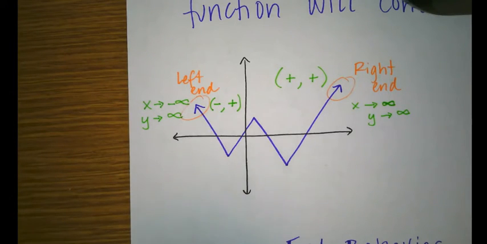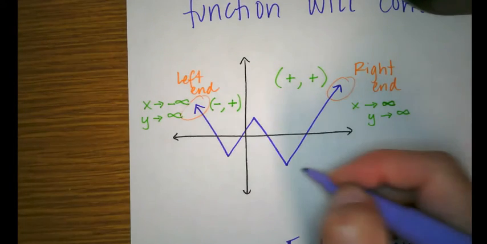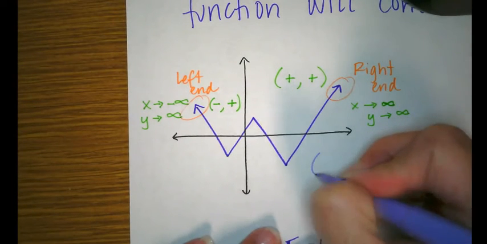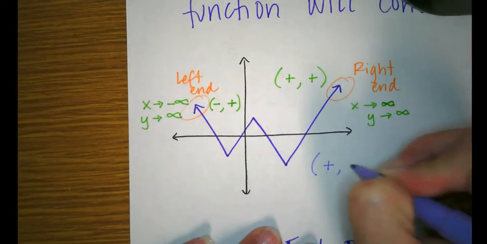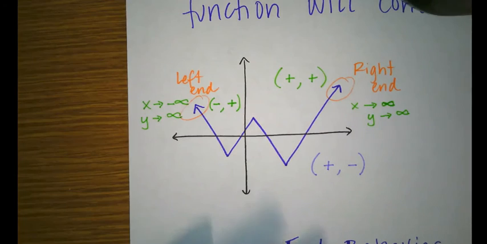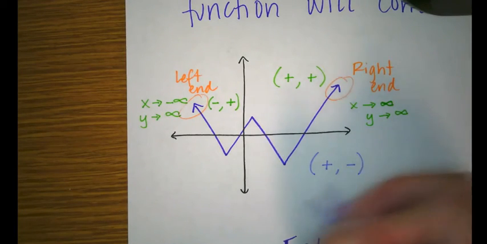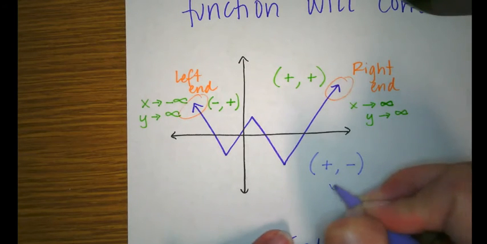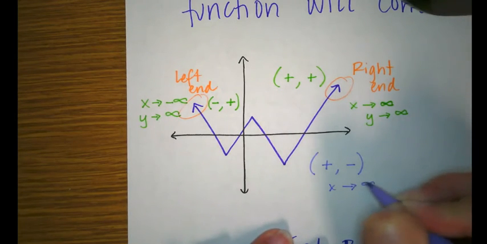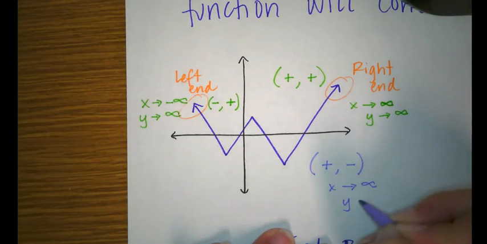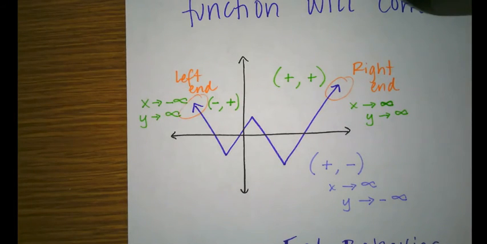Now, even though we don't need them for this question, I want to go ahead and label these other two quadrants down here. If our arrow was down here, the x is positive, but the y is negative. So what we would say here, if our arrow was down in this quadrant, would be that x is getting bigger and bigger, but y is getting smaller and smaller.